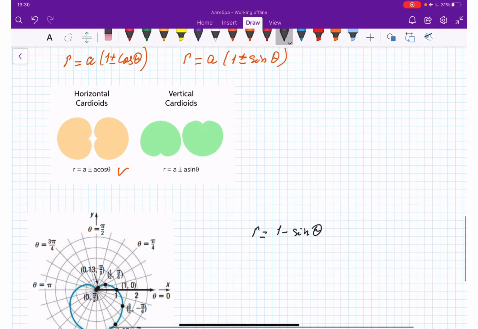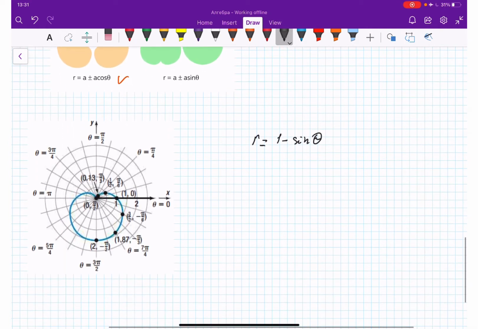All right, so first let's check for symmetry. How are we going to check it? We are checking on the polar axis first.